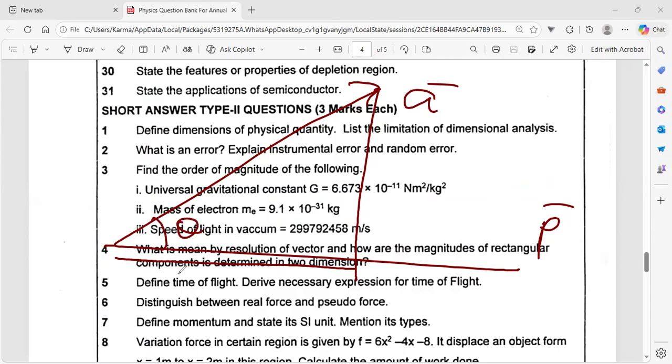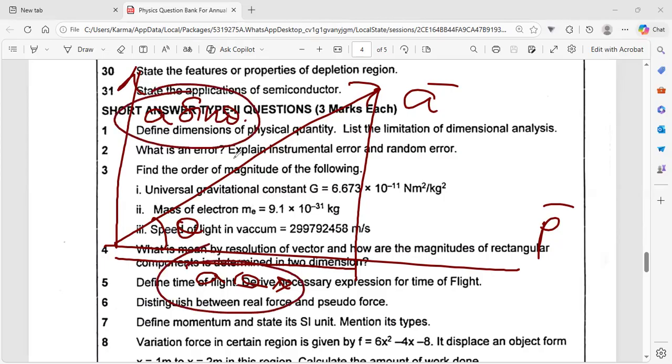If the angle is theta, this will be A cos theta, and the perpendicular component will be A sin theta. I call them the resolution of a vector. We should know that A cos theta and A sin theta must include the particular vector. I won't take the perpendicular direction in the reverse way, because then the vector doesn't get included in both of these components.